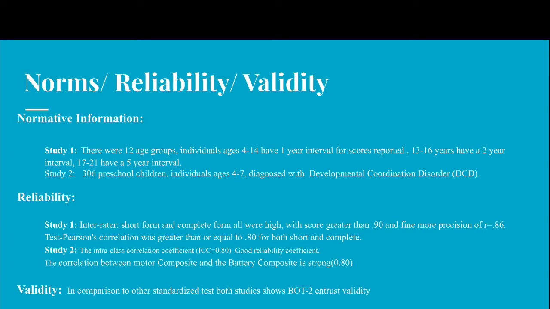So for the reliability of study 1, intra-rater, short form and complete form were all high with scores greater than 0.90 and fine motor precision of r equals 0.86. Test-retest Pearson correlation was greater than or equal to 0.80 for both short and complete.